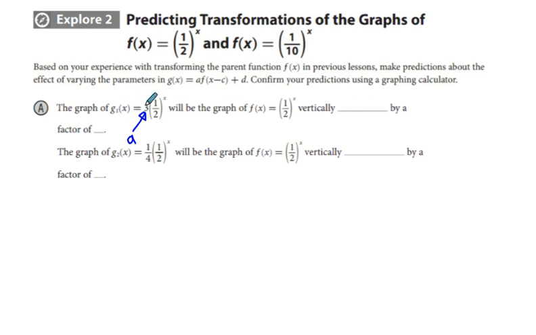So 3 times (1/2) to the power of x will vertically stretch by a factor of 3. The graph of g2 of x equals 1/4 times (1/2) to the power of x is the graph of (1/2) to the power of x vertically compressed by a factor of 1/4.